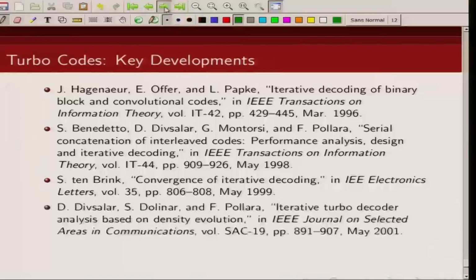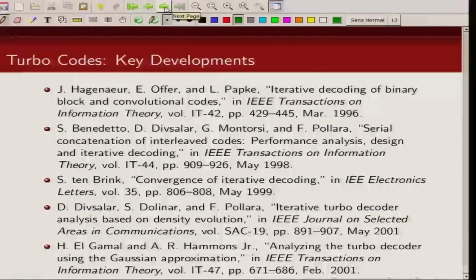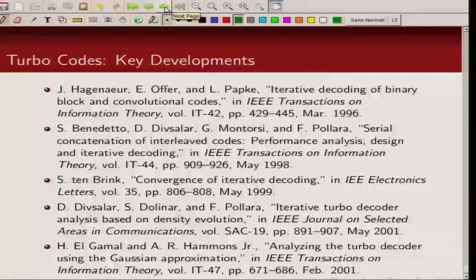And finally, these three papers discuss the behavior of the iterative decoding algorithm: why the choice of some encoders is good, and how you should choose the encoders so that you have better performance in the waterfall region. This was nicely explained in these three papers, and each one of them used a different technique.